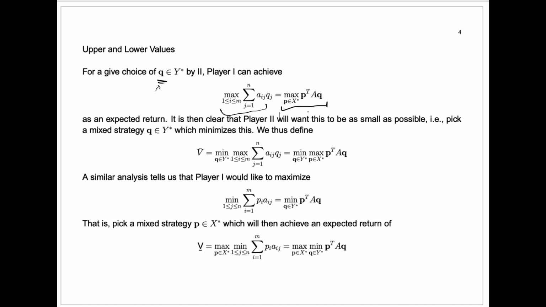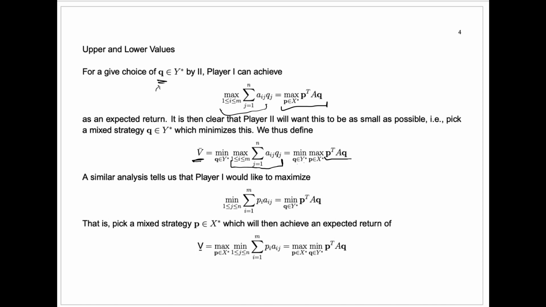And that leads us to this definition. We say the upper value of the game is just the minimum over all the strategies Q in Y star that player 2 might use of this best response outcome for player 1, which of course we can also write as the minimum for Q in Y star of the maximum for P in X star of P transpose AQ.